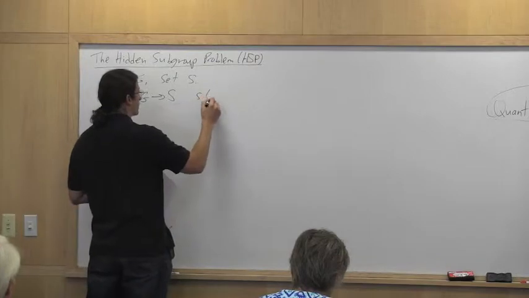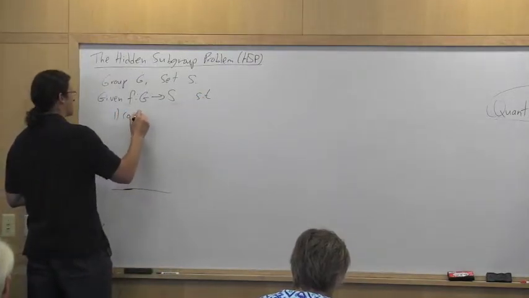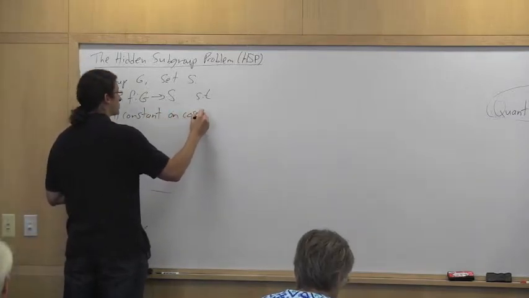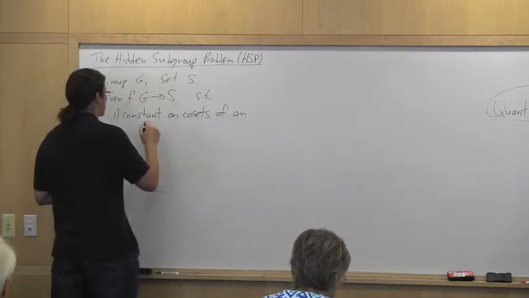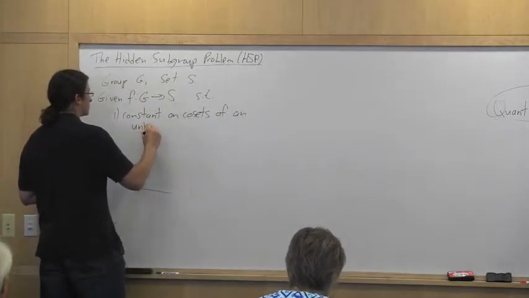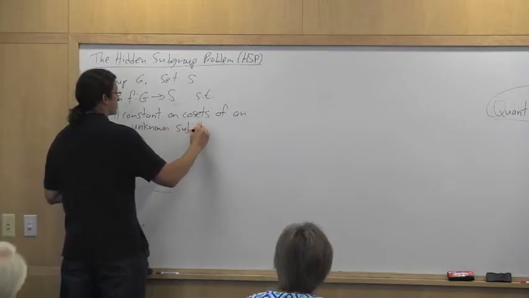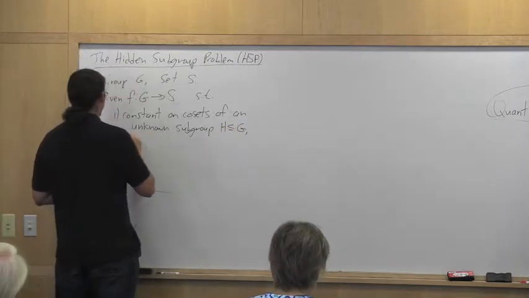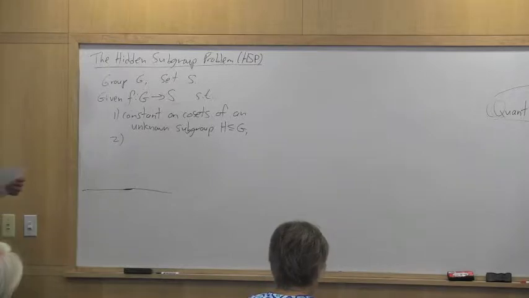So the conditions are that the function is constant on cosets of an unknown subgroup H in the group. And the second thing is the function takes distinct values on distinct cosets.